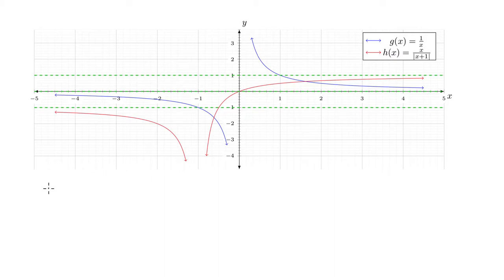So y equals 0 is a horizontal asymptote for the function g of x.